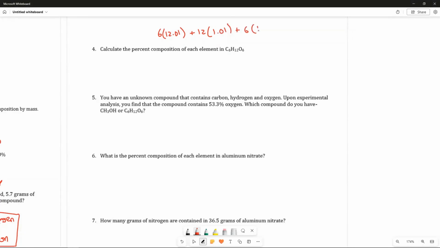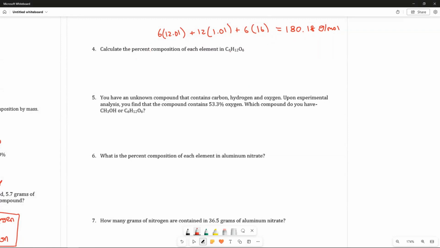Plus 6 oxygen, each oxygen 16 times 6. And you plug this all into your calculator and you get 180.18 grams per mole. And that's going to be your whole value.